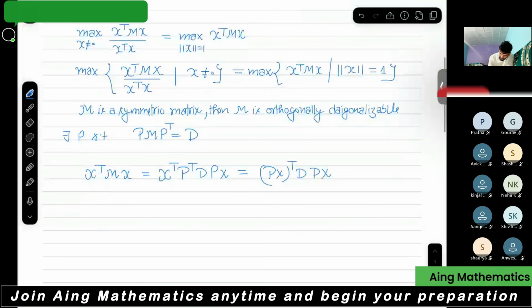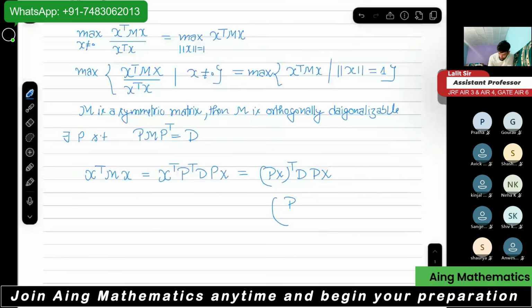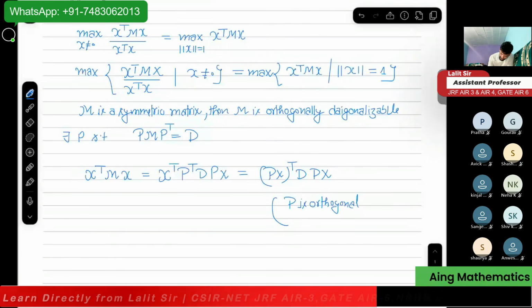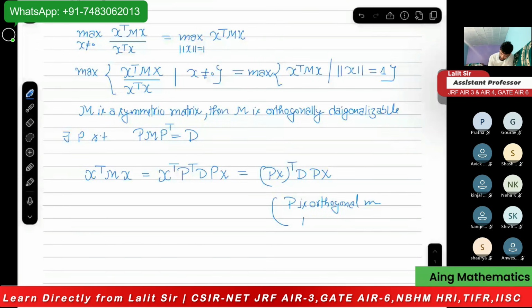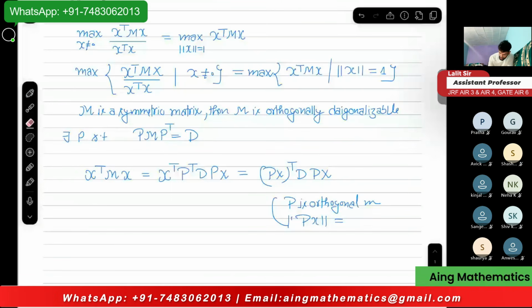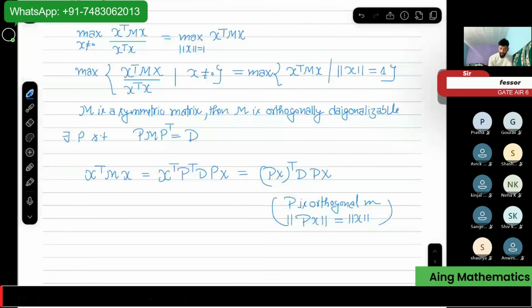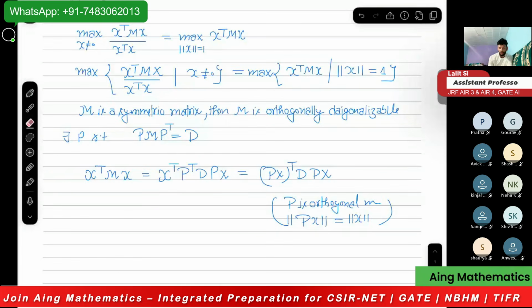Suppose P is an orthogonal matrix, then norm of Px equals norm of x. Okay, it is a norm preserving transformation. Does an orthogonal matrix preserve the norm or not? Tell me, anyone? So do you know that it preserves norm?